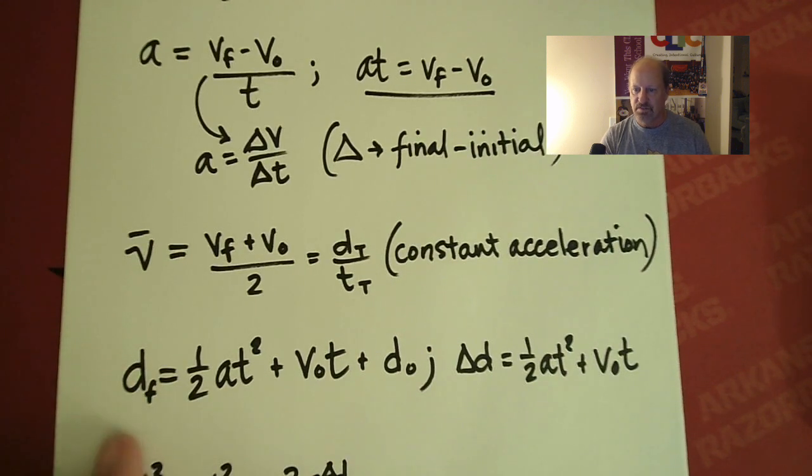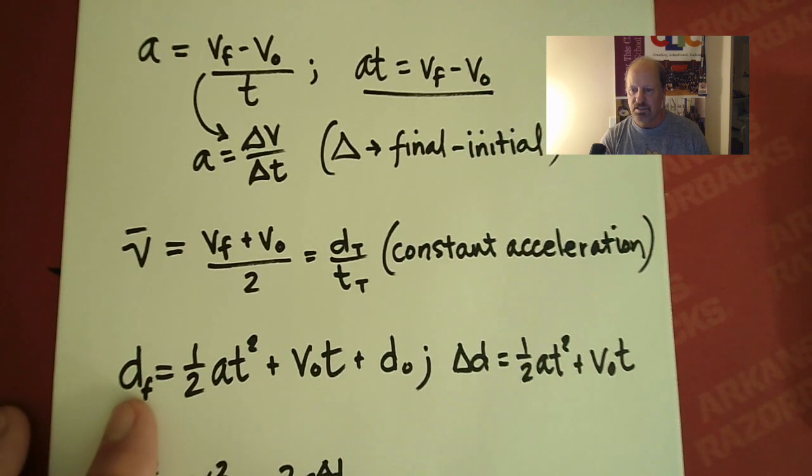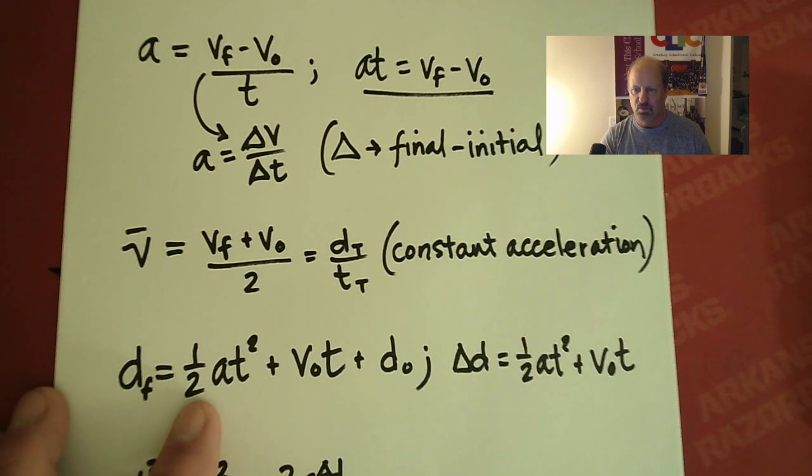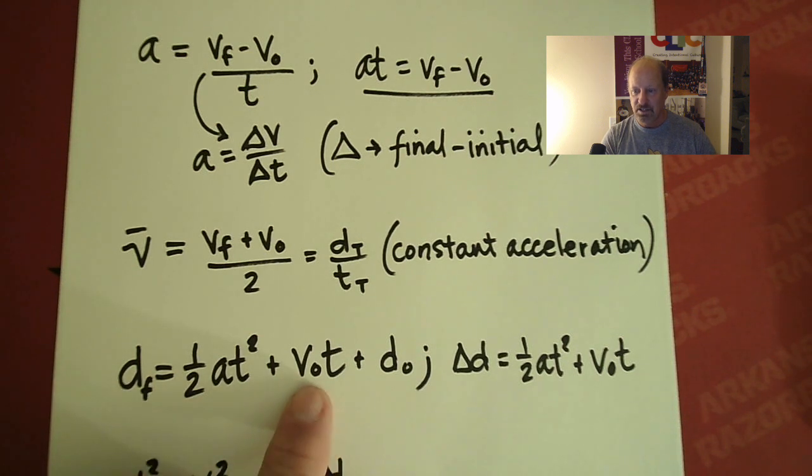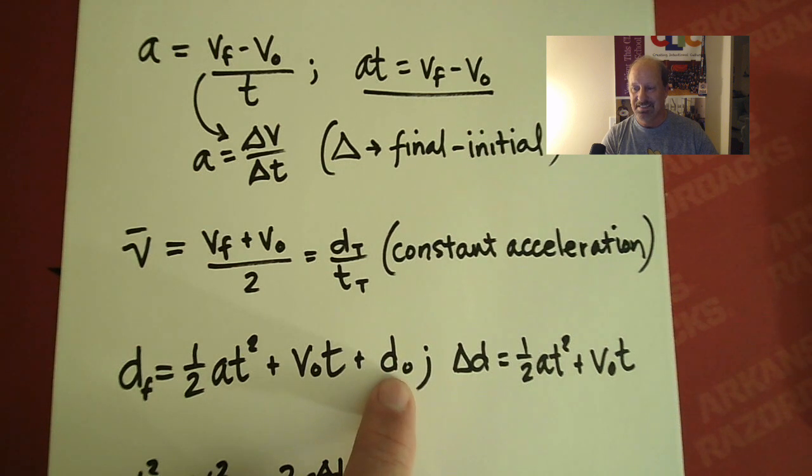So this right here is for distance. This could be vertical distance or horizontal distance. It really doesn't matter. We're just going to call it final distance is equal to 1/2 the acceleration times time squared plus the initial velocity times t plus your original distance. Most of the time, d original is going to be 0, so this is not even going to be there.